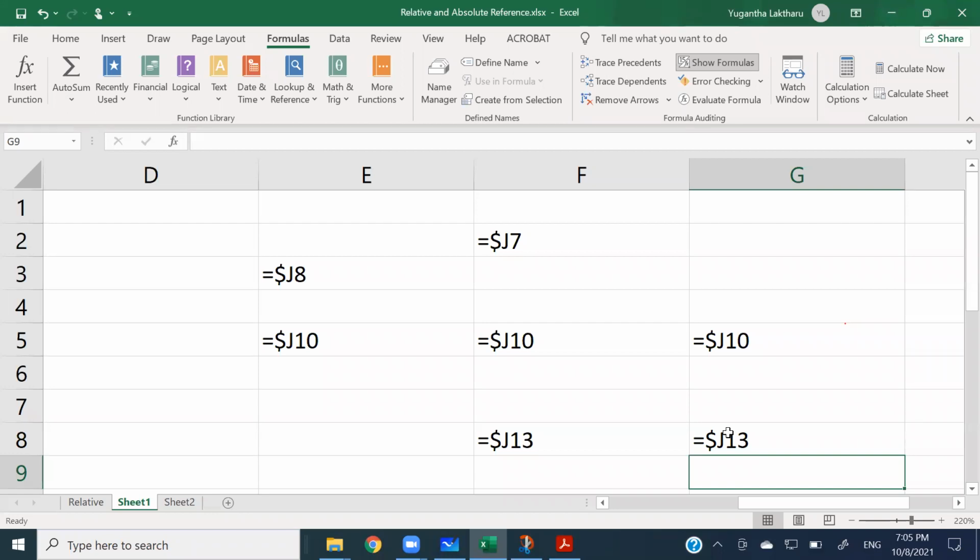When we put a dollar sign in front of the J, that means at the left side of the J or any component, that component is not going to change. It is copied as it is. Right? That is something you can do in Excel itself. The rest of the things are going to change relatively if no dollar signs are found.